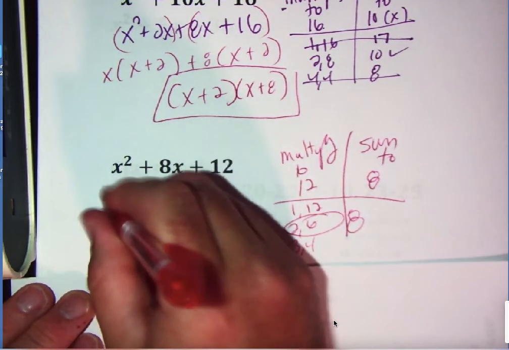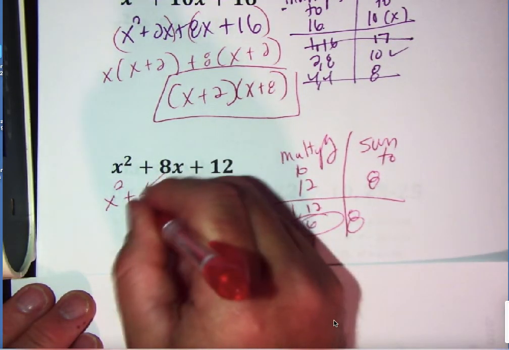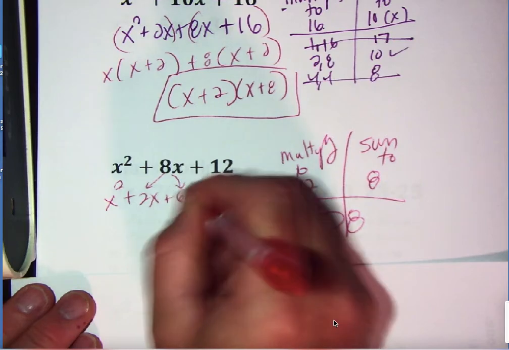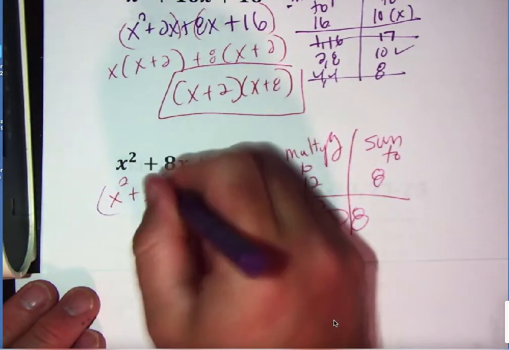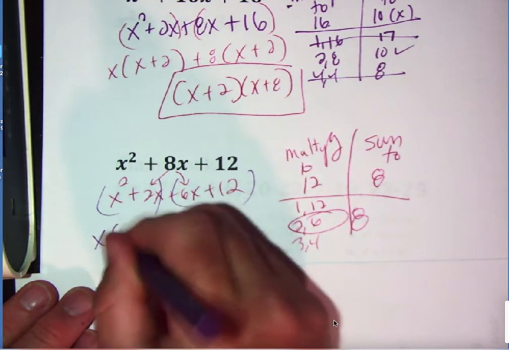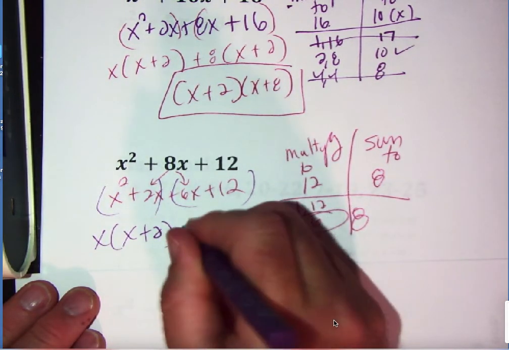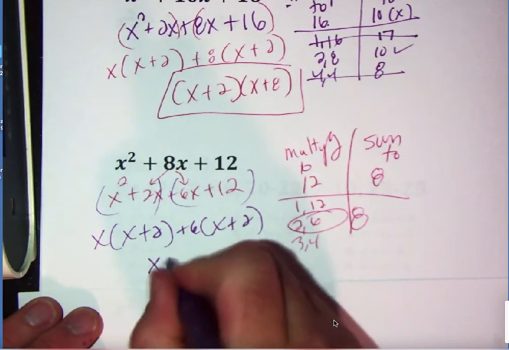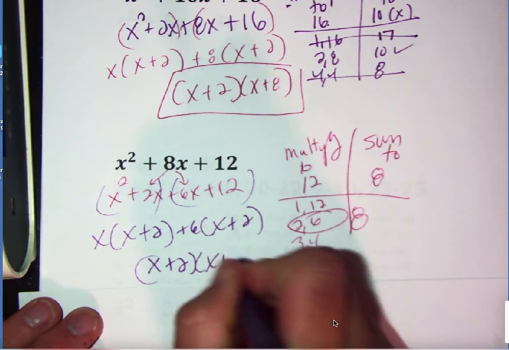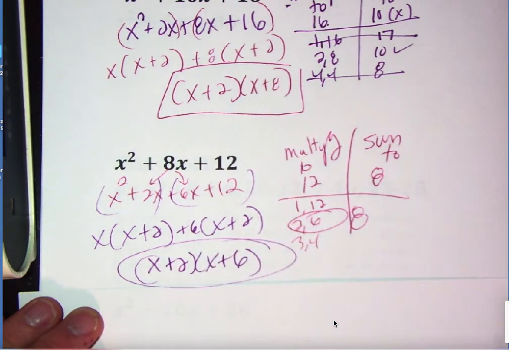So the 8x came from 2x and 6x. Now we know the 4 terms, we can use grouping. And now we found our answer. It's x plus 2 times x plus 6.